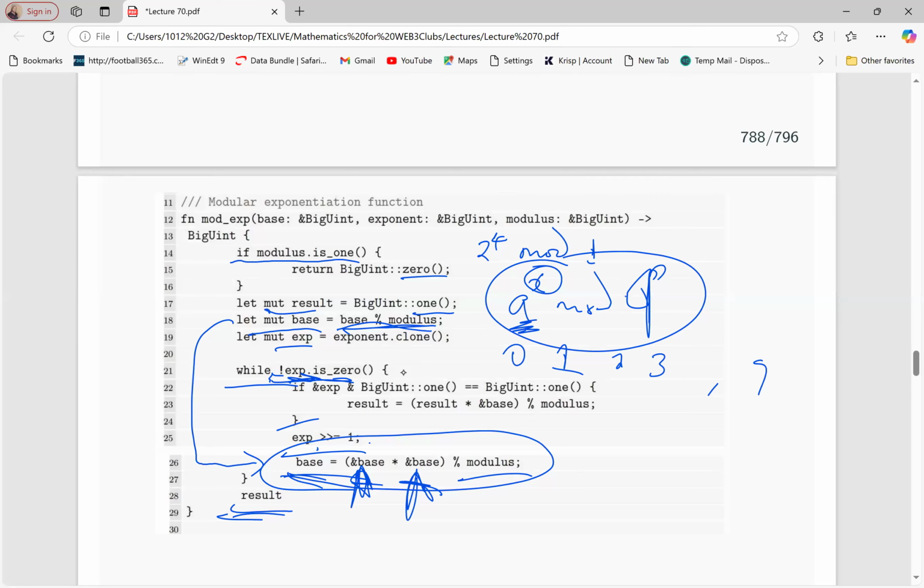So that's how the base will be changing, because I've said the base will be mutable. Every time the exponent is greater than or equal to 1, if the exponent is 1, you do that; if the exponent is 2, you do that; exponent is 3, you do that, and so on, until the exponent becomes 0.